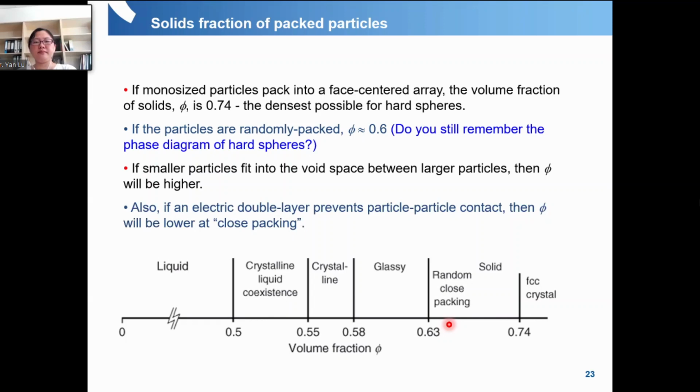Another way is, of course, if you have an electric double layer to prevent contact between particles, then the volume fraction to reach close packing will be lower than 0.6. So you will reach somewhere here. These are also possible.